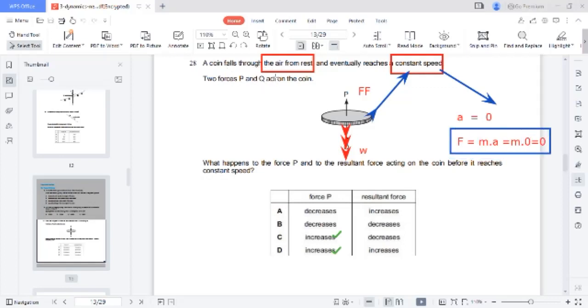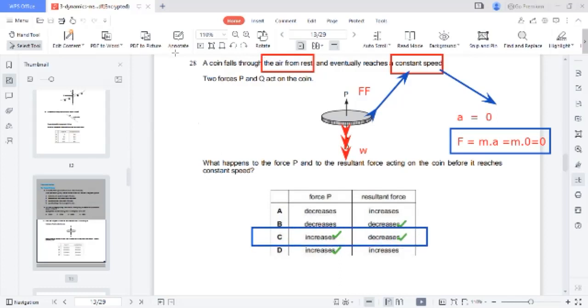But 0 means this is when it would be a constant speed. Before that it wouldn't be 0, it may be 1, 0.5, 0.3, 0.2, 0.1, then it would become 0. So actually we would say it starts decreasing. P increases and the resultant force decreases to 0.